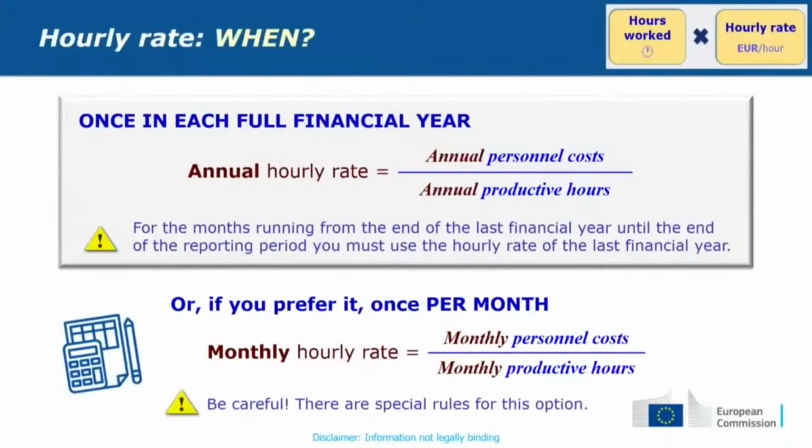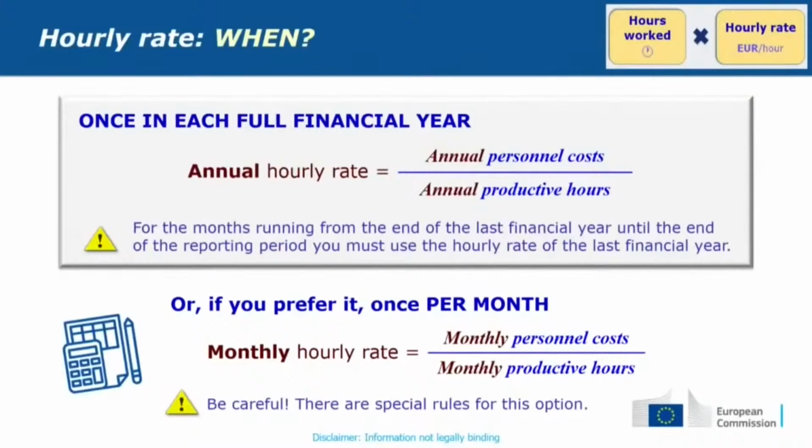Now, there is a small downside to this main approach, that is that at the end of the reporting period, the financial year is still ongoing. For instance, your financial year ends in December and the reporting period ends in March, the year after.